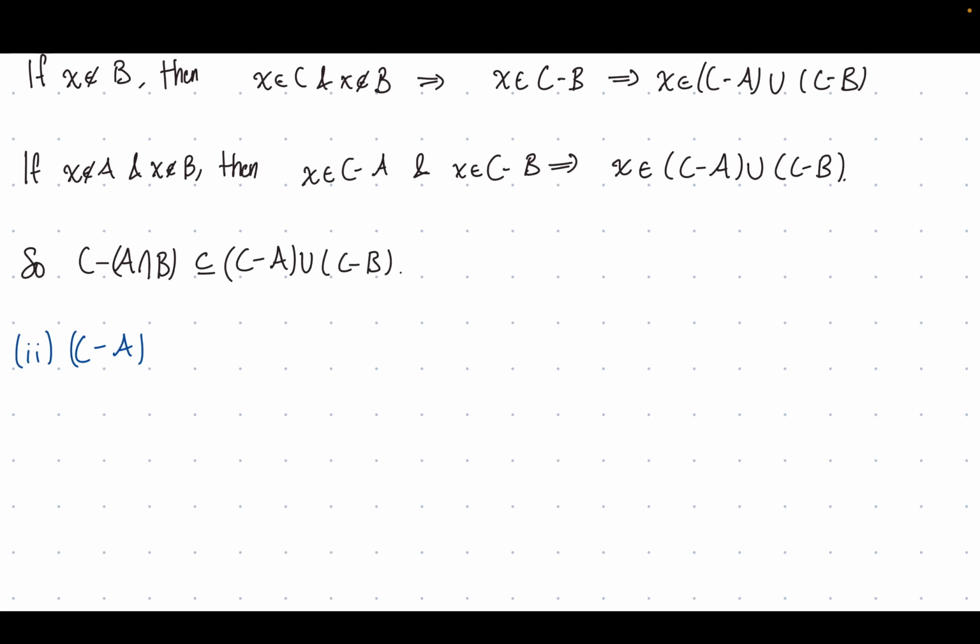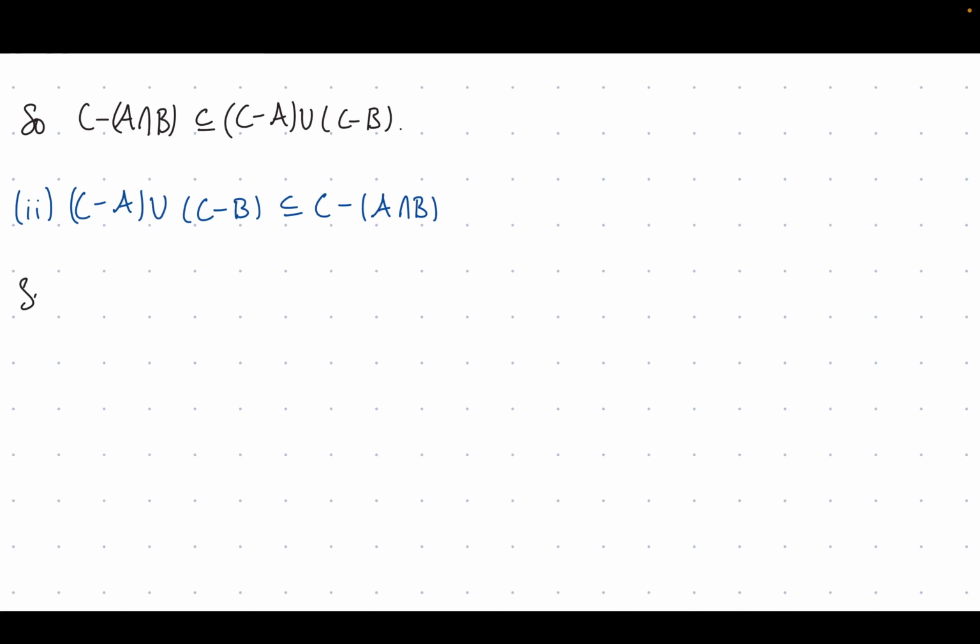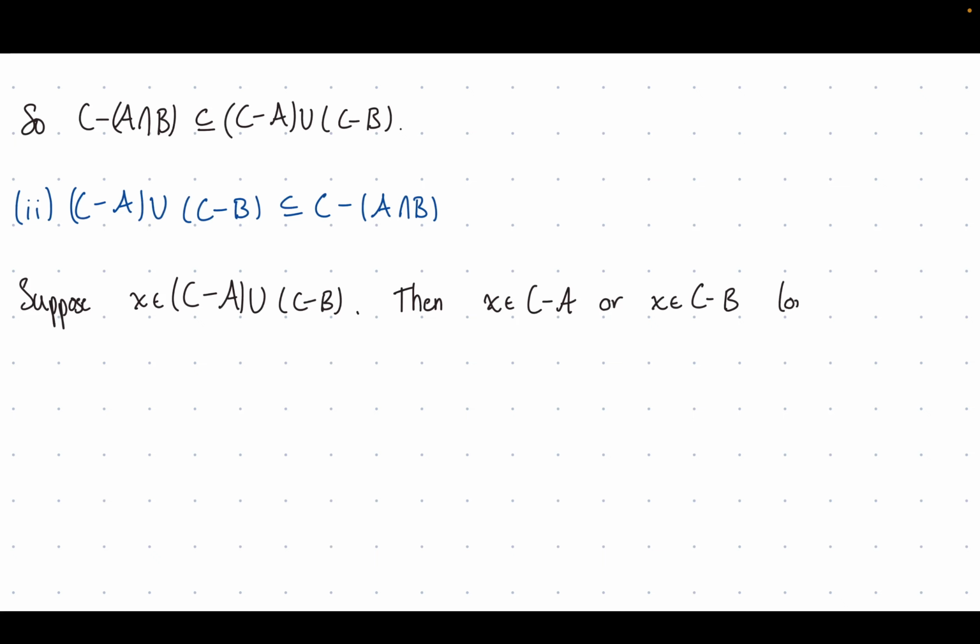So C minus A union C minus B is a subset of C minus A intersect B. Okay, so let's suppose X is in C minus A union C minus B. Almost forgot these parentheses. Then X is either in C minus A, or X is in C minus B, or both.